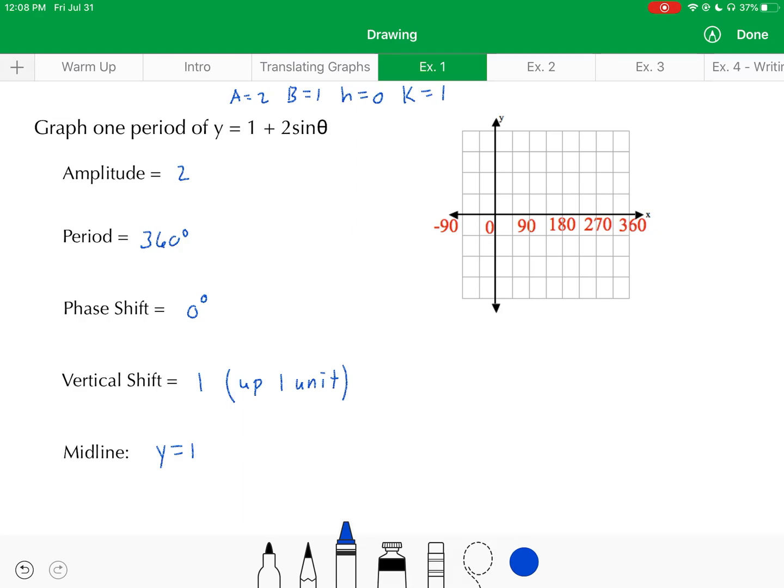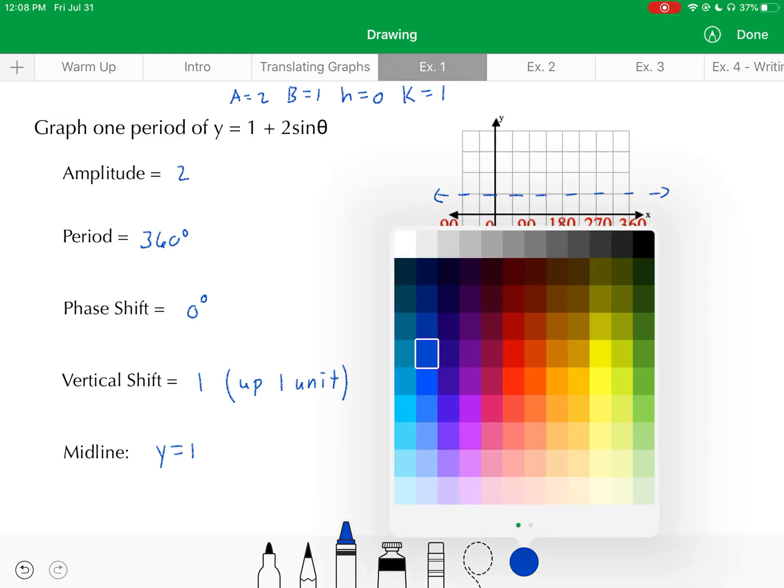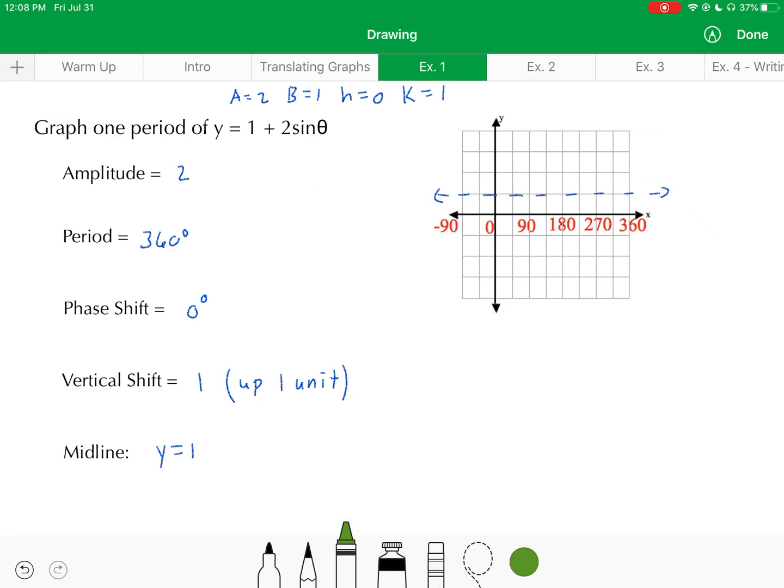Okay. So the first thing I'm going to do to make my graph is I'm going to draw in that midline. All right. And now I'm going to focus on the period of the function. The period is 360, and I'm going to divide that by 4 to give me 90 degrees, and that just tells me how far apart all of my critical points are spaced horizontally on the curve.